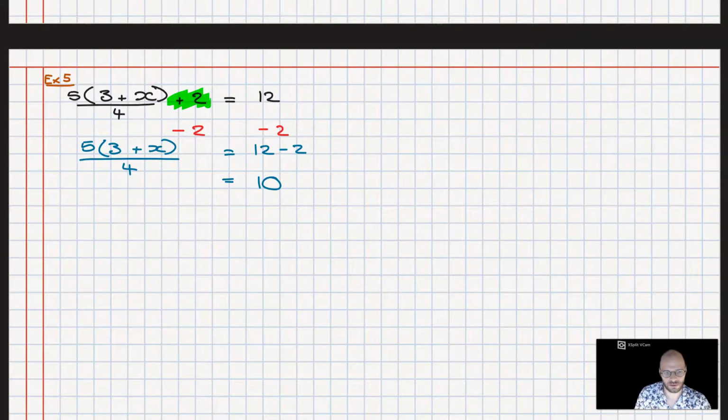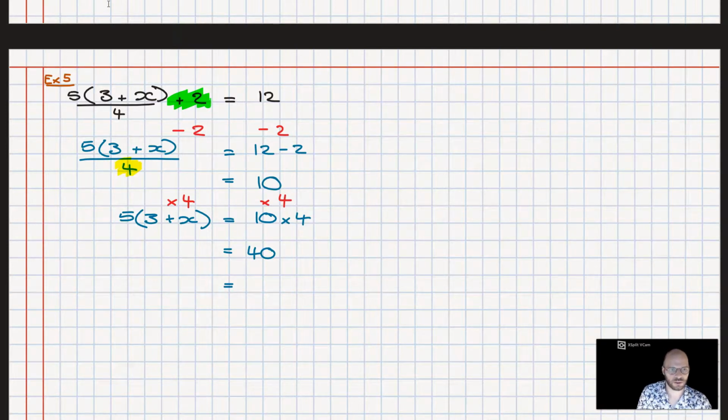So to get rid of the divide by 4, we're going to times by 4. This will yield 5 times 3 plus x, and then we have 10 times 4, like so. Evaluating the right hand side, that will give us 40, and the left hand side stays the same.